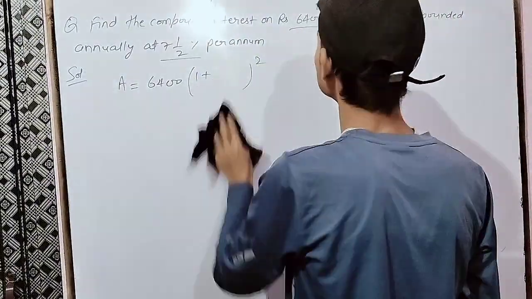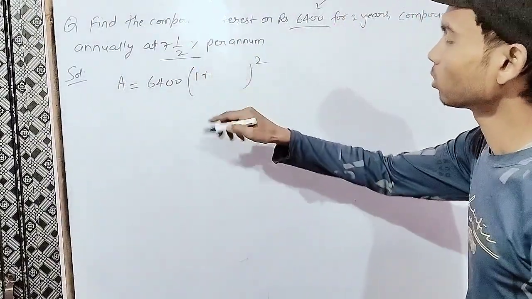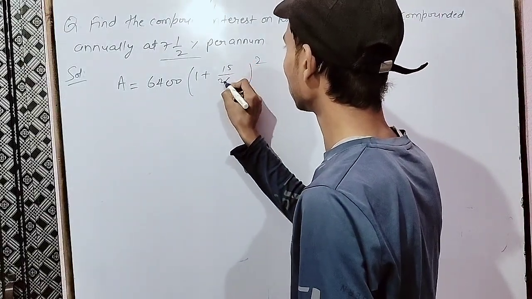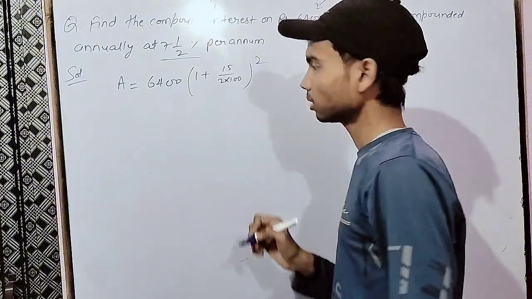This was how much? 15 upon 2. 15 upon 2 multiplied by 100.